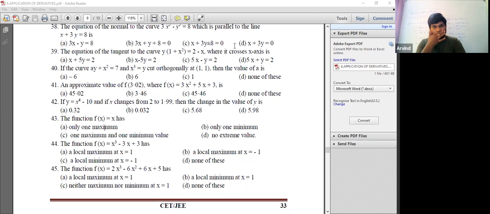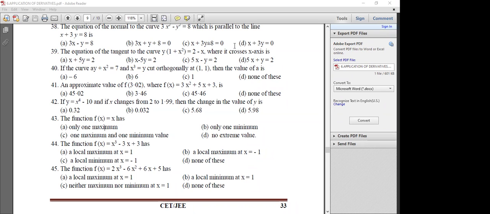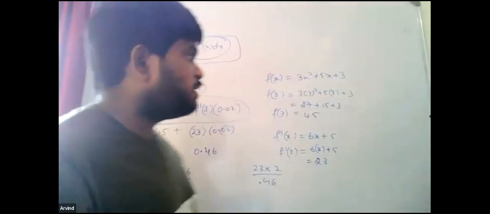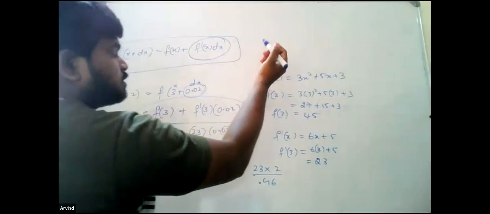Got it? The change in value of y, that is dy. Dy is the change in value of y. You get it? Just use the formula, that's it. Dy is f dash of x dx, that's it.